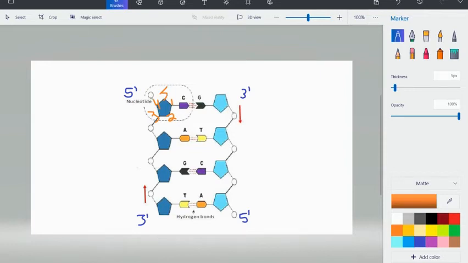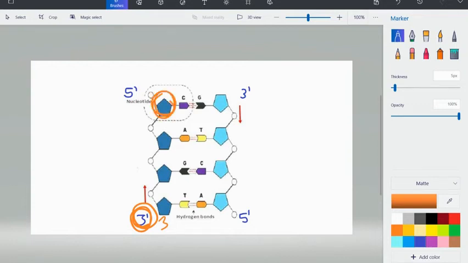And so when we start to talk about DNA and how it's set up, we refer to the 3' and the 5' end of the DNA. And what that means is down at this end, the number 3 carbon is on the bottom.